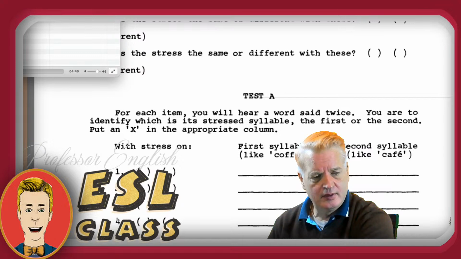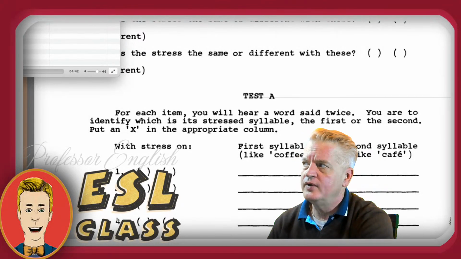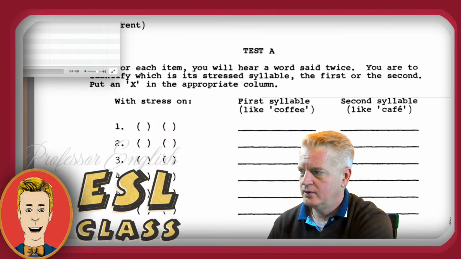3. Wie viel? That's the last syllable. Wait. Wie viel? 4. Nochmal.